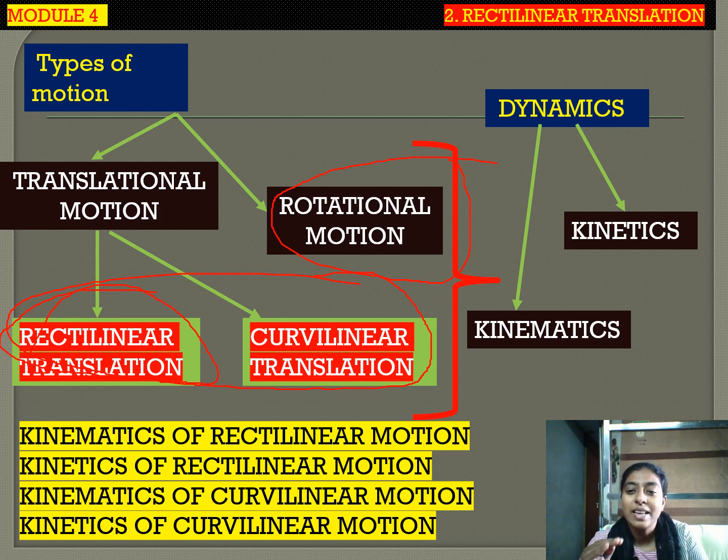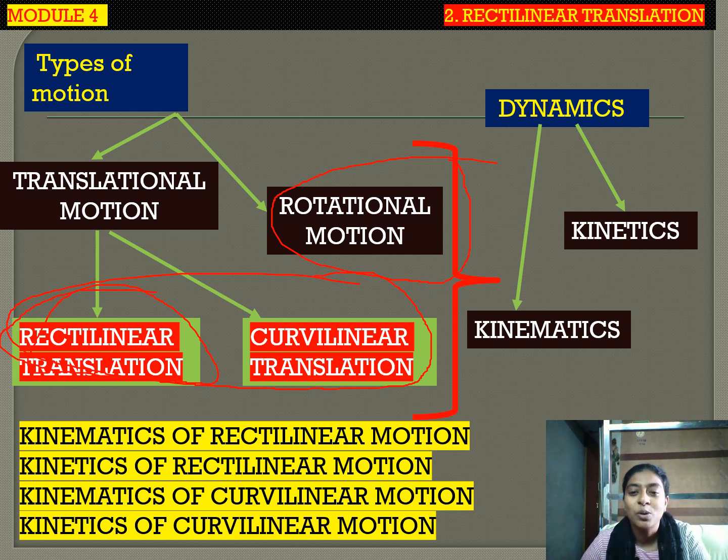As I told earlier, this fourth and fifth module is about dynamics, which is nothing but a combination of kinematics and kinetics. Kinematics and kinetics of translational motion, that is, of rectilinear motion and curvilinear motion, is our fourth module. Kinematics and kinetics of rotational motion is our fifth module.